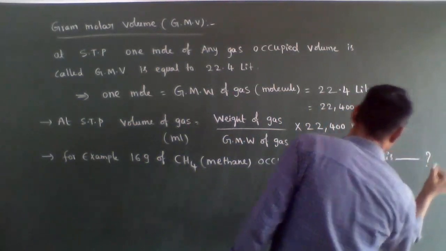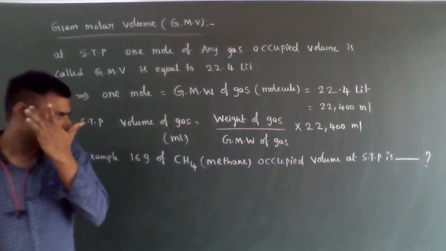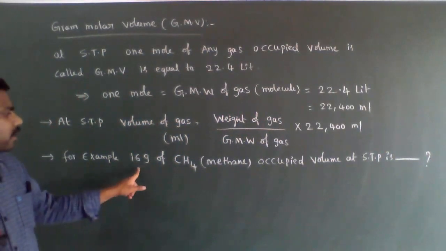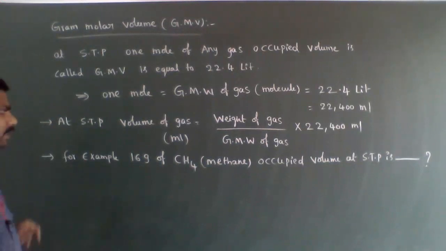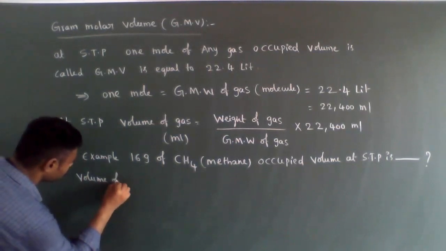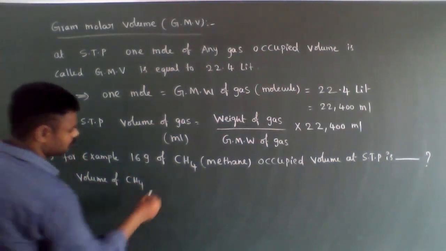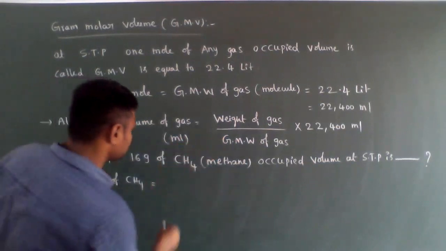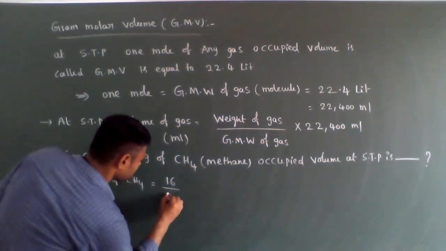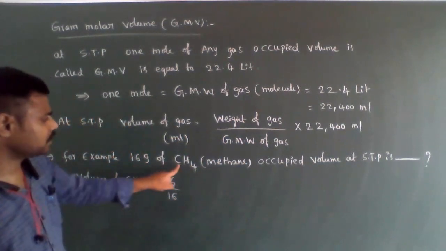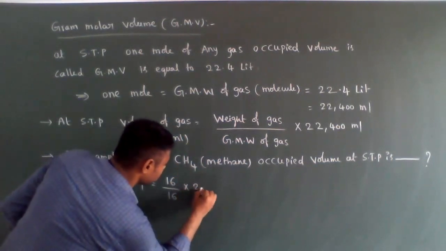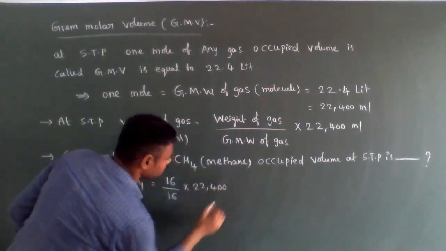We need to calculate the volume of methane at STP. They gave 16 grams. Now the volume of CH4 is equal to the weight of the gas, 16 grams, divided by the gram molecular weight of methane, which is 16, meaning carbon is 12 grams plus 4 hydrogen atoms is 4 grams, into 22,400 ml.